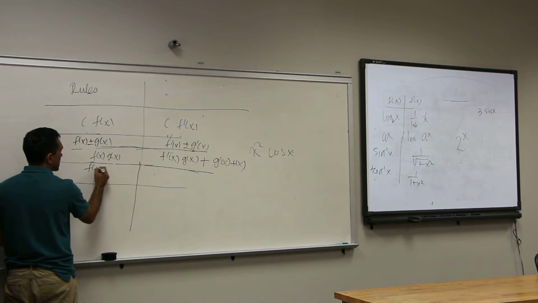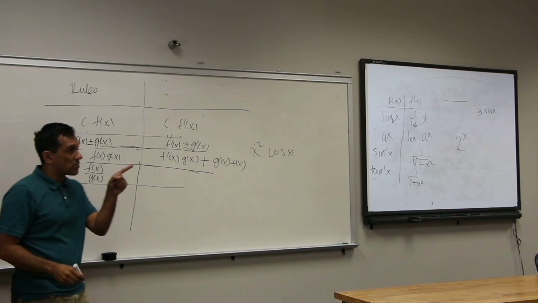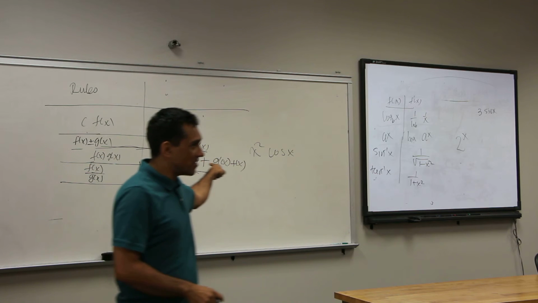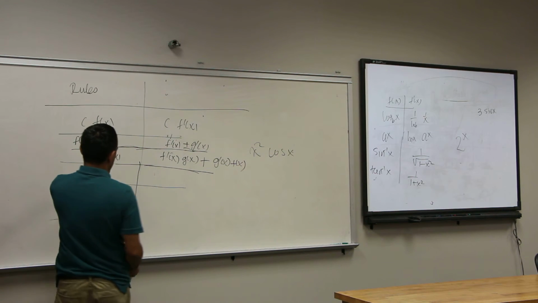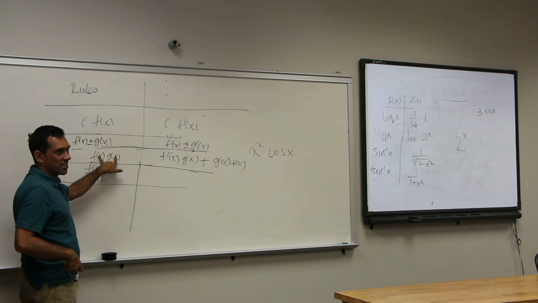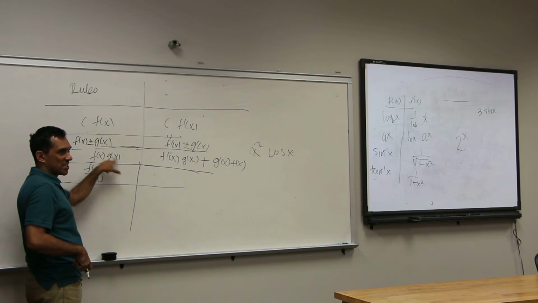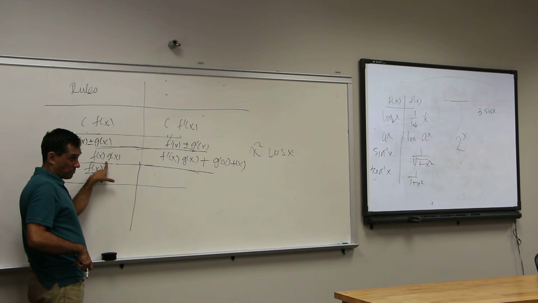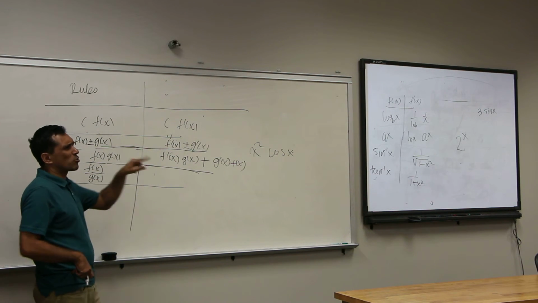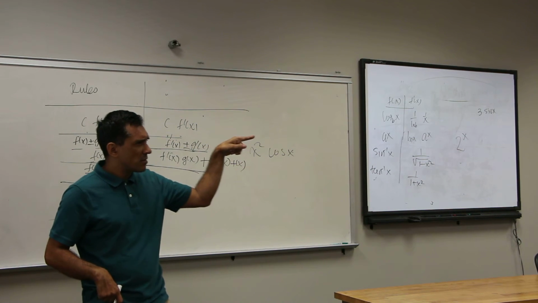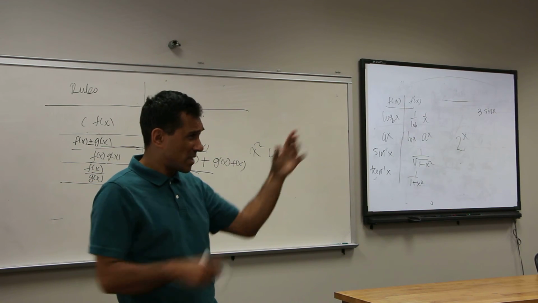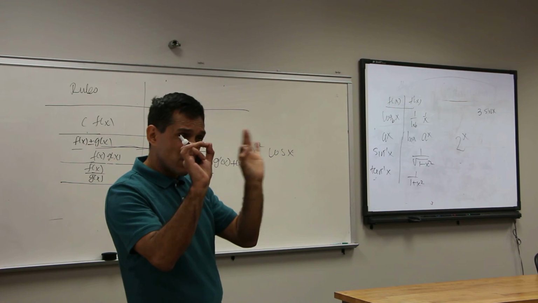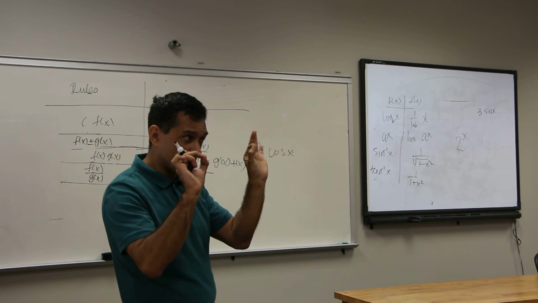Now we'll take f of x and divide it by g of x. Now, f and g are distinguished here. That's to say, in the product rule f and g are not distinguished. You could do f times g or g times f. But f divided by g is most certainly not g divided by f. So when there's a quotient rule, you know that f and g are going to do two different things.